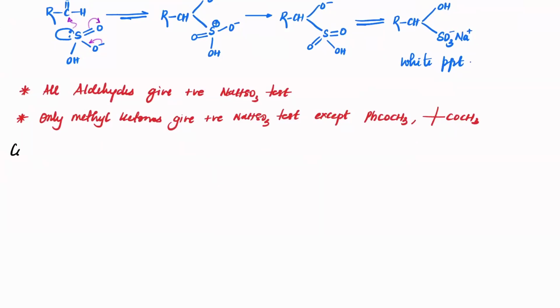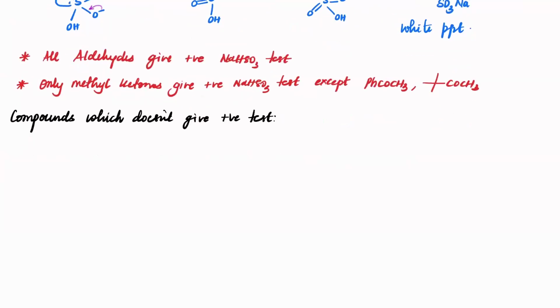Now, let me write down the compounds which do not give a positive test. Even if the ketone has ethyl on both sides, no positive test. If you have anything like this, also no positive test. If you have phenyl and ethyl on the other side, no positive test.